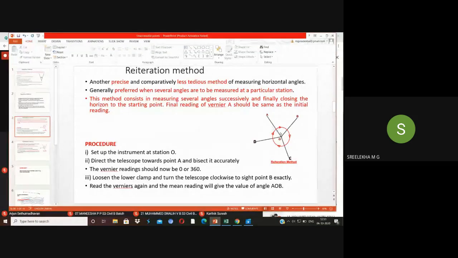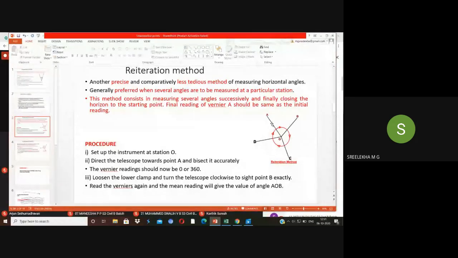So in this case, how many angles are there? AOB, BOC, COD, DOA. 4 angles are there. For example, if the error you got when you finally reach the point A is 40 minutes. It may be 359 degree, 20 minutes.